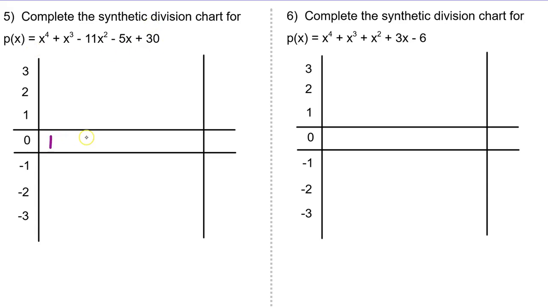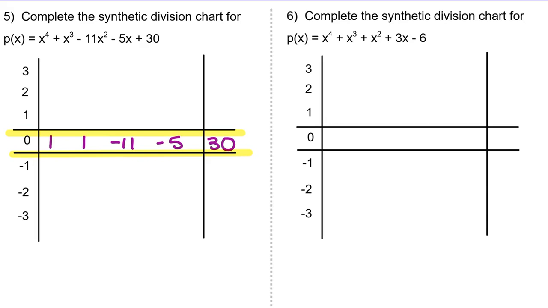So we would have 1, 1, negative 11, negative 5, and 30. Okay, that's going to be our most important row. That's why I put lines around it, and you can highlight it and make it stand out so that every time you do a new row, you're going back to the numbers in that row.